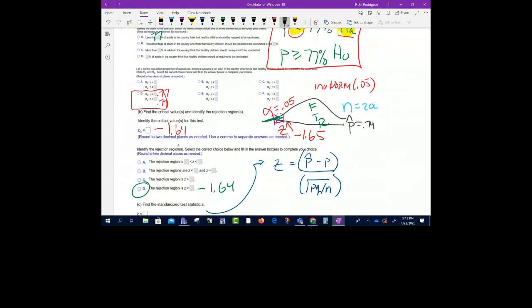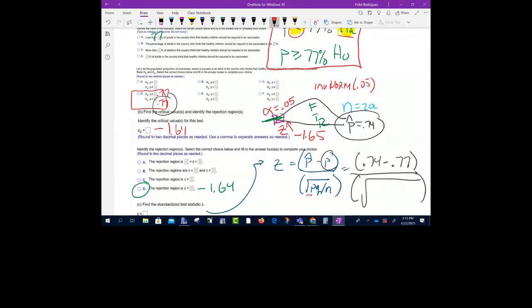So y'all, first thing I'm going to do right here. Look, my p hat, we said that was 0.74, minus p. p was the number that we were using over here, y'all. That was 0.77. Now, I'm going to do my denominator. I'm going to put a big old square root, y'all, because I'm going to have some stuff on the inside of that square root.